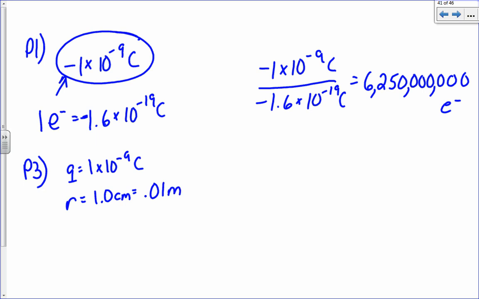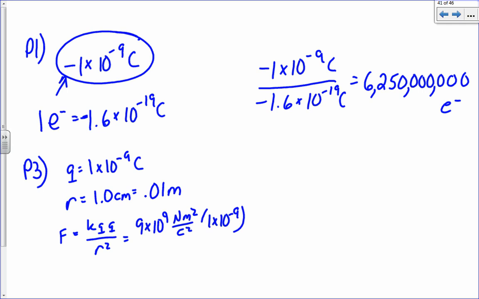What is the force between these? From Coulomb's law, F is equal to k q1 q2 over r squared. k is Coulomb's constant, which is on your equation sheet: 9 times 10 to the 9th newton meter squared per coulomb squared. Times my two charges, 1 times 10 to the minus 9 and 1 times 10 to the minus 9, divided by the distance squared, 0.01 squared.